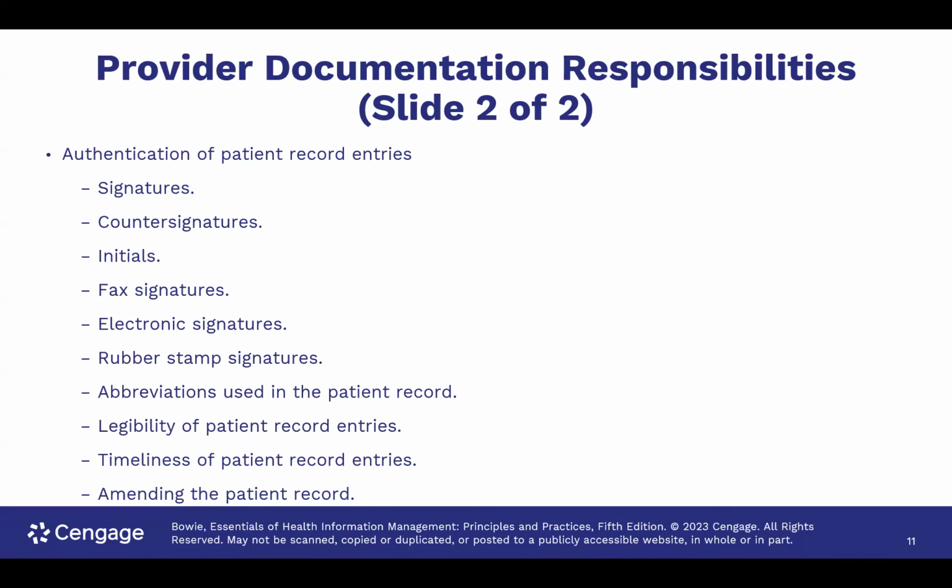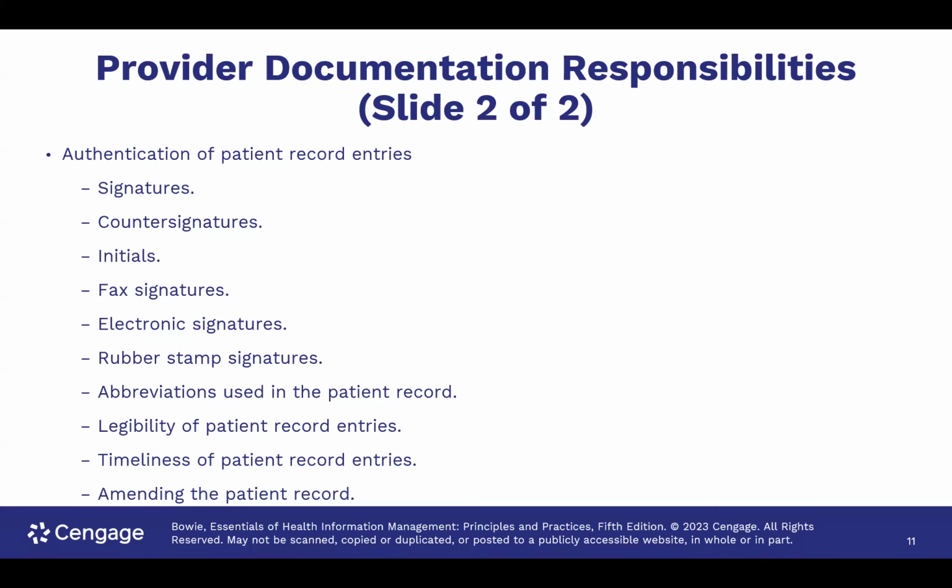And certain things have to be countersigned, right? Nurse practitioners, in many cases, along with PAs, have to have their care countersigned by an attending physician. Initials in certain circumstances are also allowed, right? Rubber stamps, signatures, but again, these things have to have policies and procedures about how they're being used.